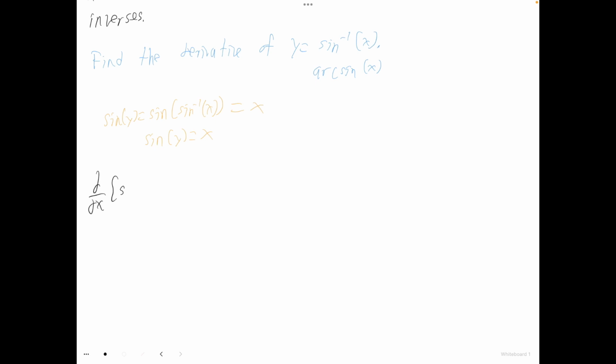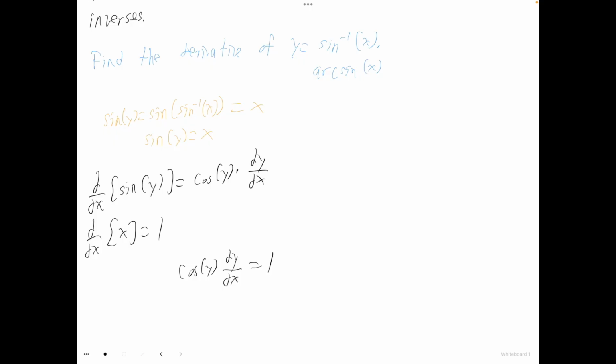So we've got the derivative of sine of y. Well, that's going to be cosine of y times dy over dx, just using the chain rule. And then the derivative of x is 1. So what we found then is that cosine of y, dy over dx, equals 1. So dy over dx equals 1 over cosine of y.